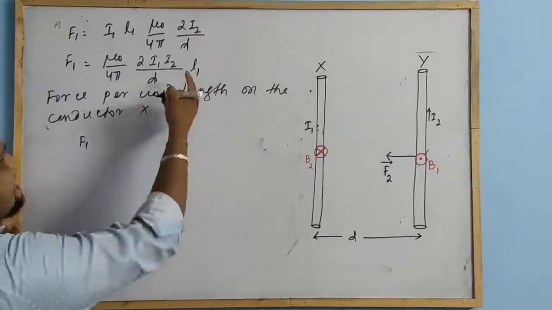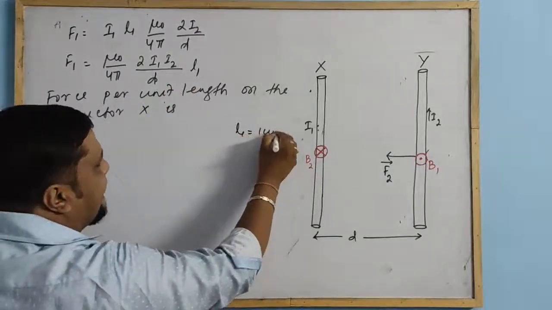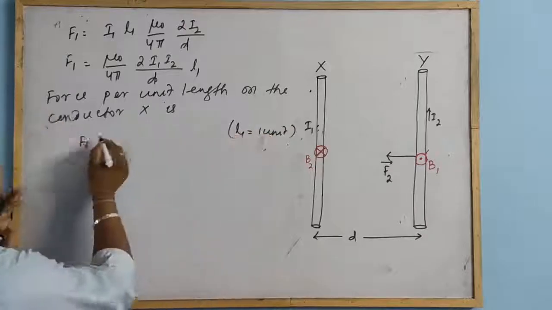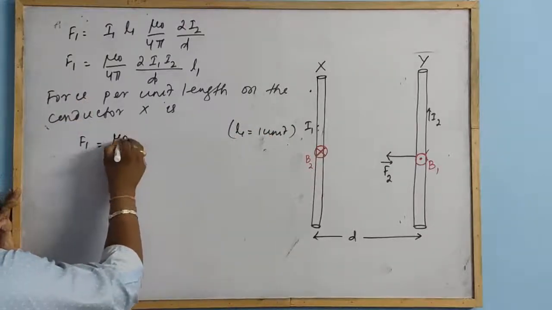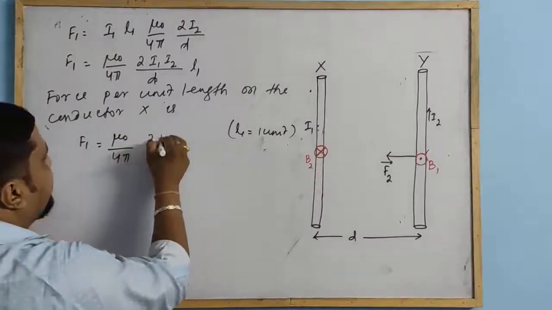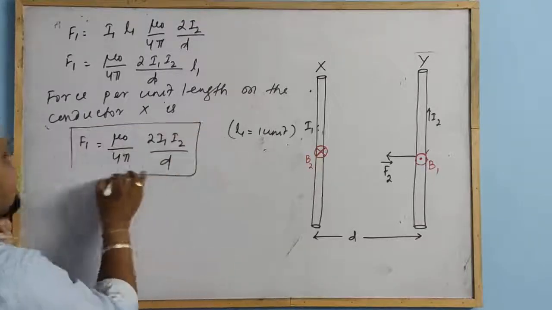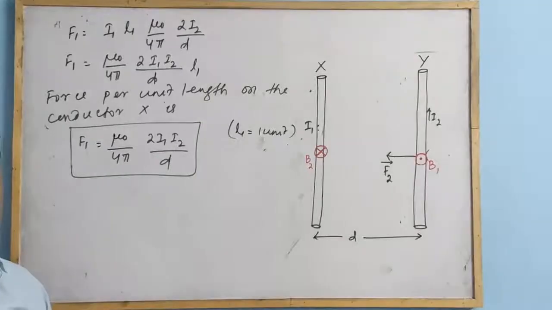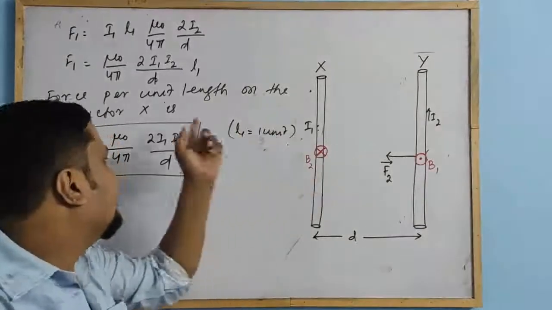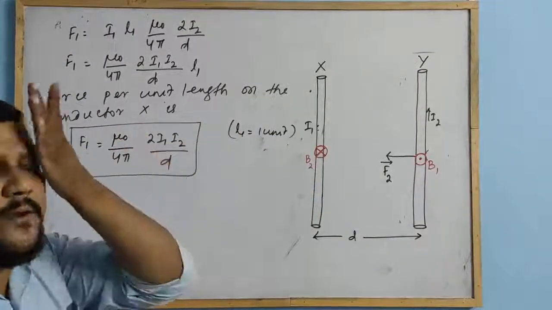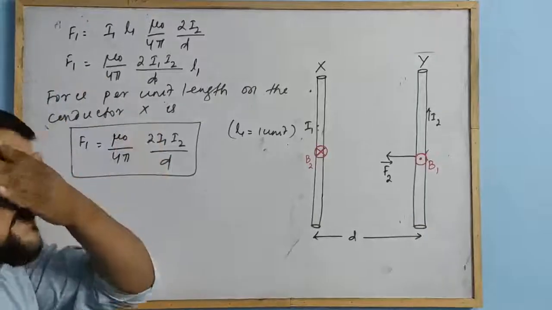F1 per unit length, taking L1 as 1 unit: F1 by L1 is equal to mu naught by 4 pi, 2 I1 I2 by D. That is the force per unit length. Both are of the same magnitude, for length L2 and for length L1. Per unit length both are the same.